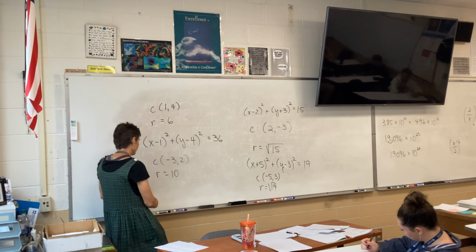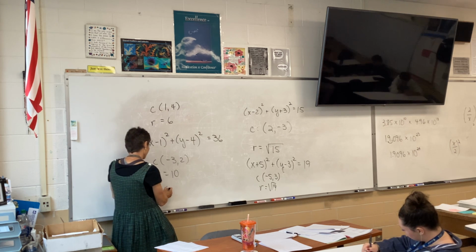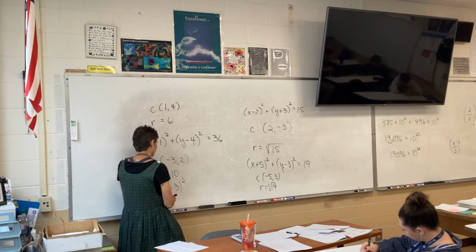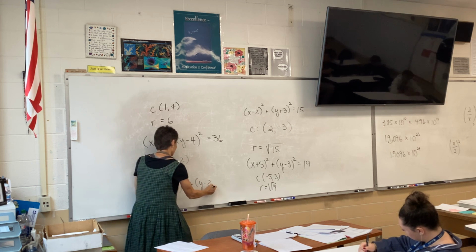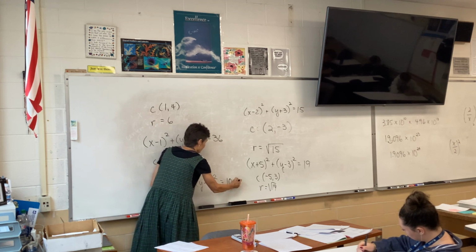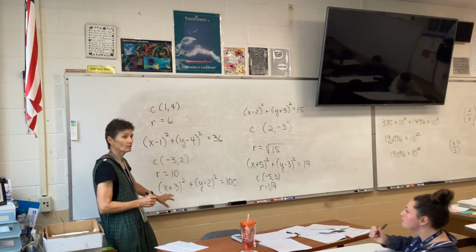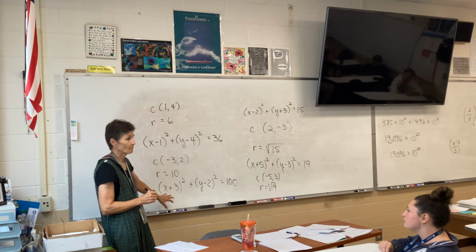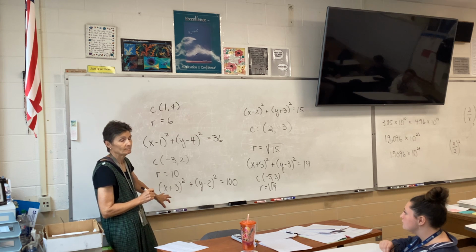Eddie? It's x plus 3 squared plus y minus 2 squared equals 100. Perfect. That is great. I want everybody to look at that, make sure that makes sense to you. Now we're gonna do a doozy.